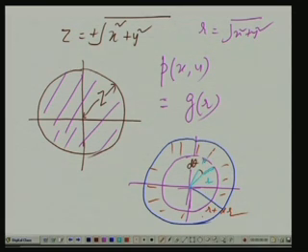So, what is this length? R d theta. And what is this length? This length is dr. Since dr and d theta are infinitesimally small, this is almost like a rectangle with width r d theta on one side and dr on the other. So, area is r d theta dr.